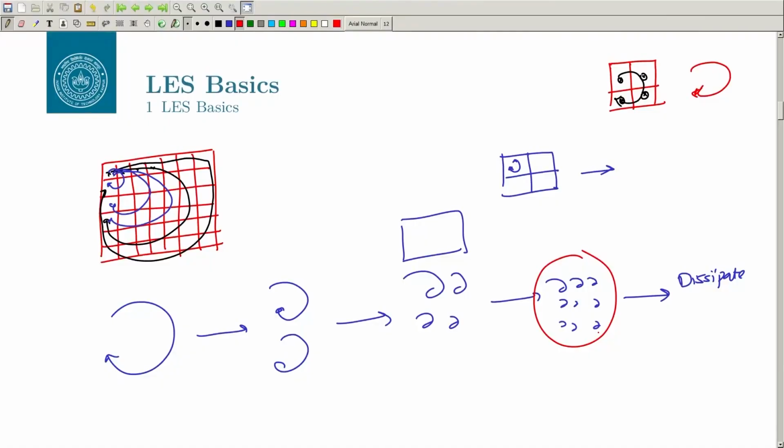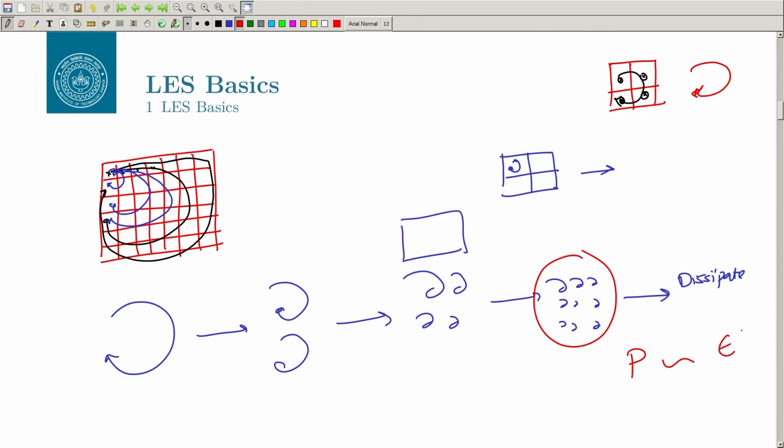So, DNS has to be resolved up to the Kolmogorov scale, okay, or something around that where the dissipation should be taken care of. Anything which is bigger than that grid size is going to blow up simply because it does not have the mechanism to go out, okay. So, we discussed in the last class that you have a production of energy and it is similar to the dissipation of energy.